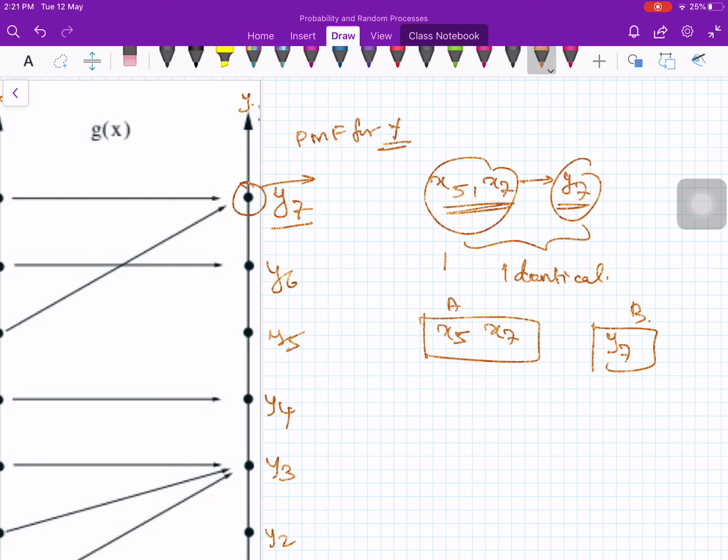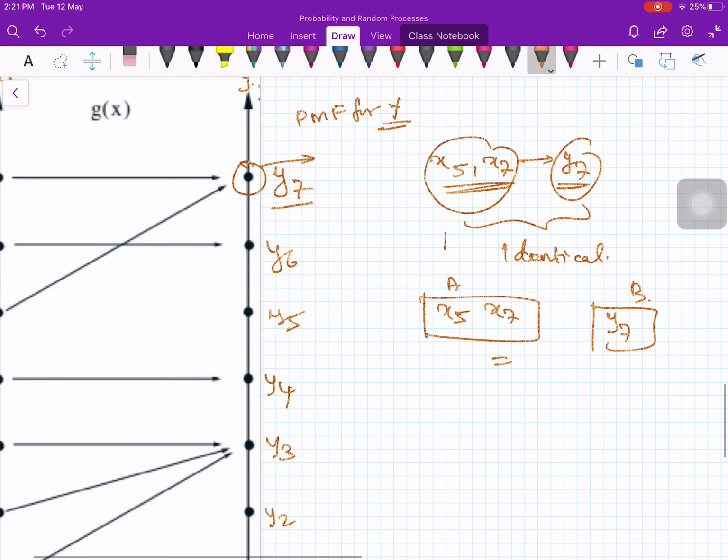The random variable x falls in the set A if and only if the random variable y falls in the set B. Therefore the probability of y falling in the set B is the probability of x falling in the set A. The probability of x falling in the set A is just the sum of the individual probabilities, so P of x5 plus P of x7.